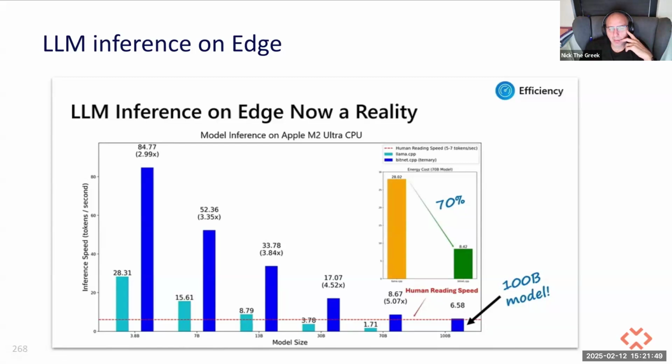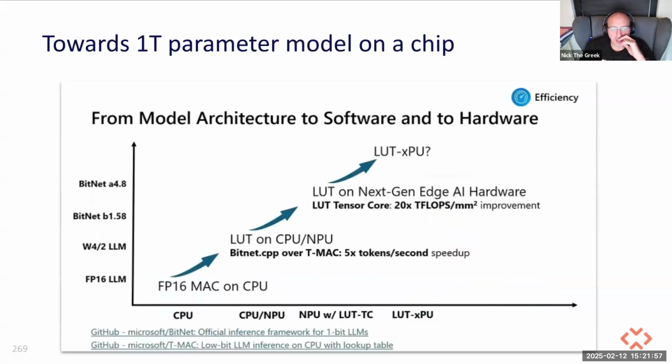And a 100 billion model can basically fit on a chip right now. And of course, the problem is that we don't really have TPUs that have this kernel of addition plus lookup table efficiently implemented.